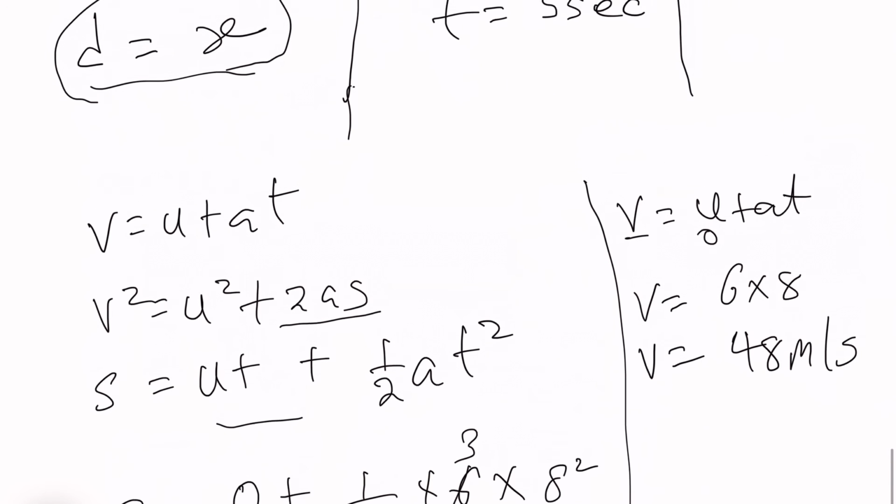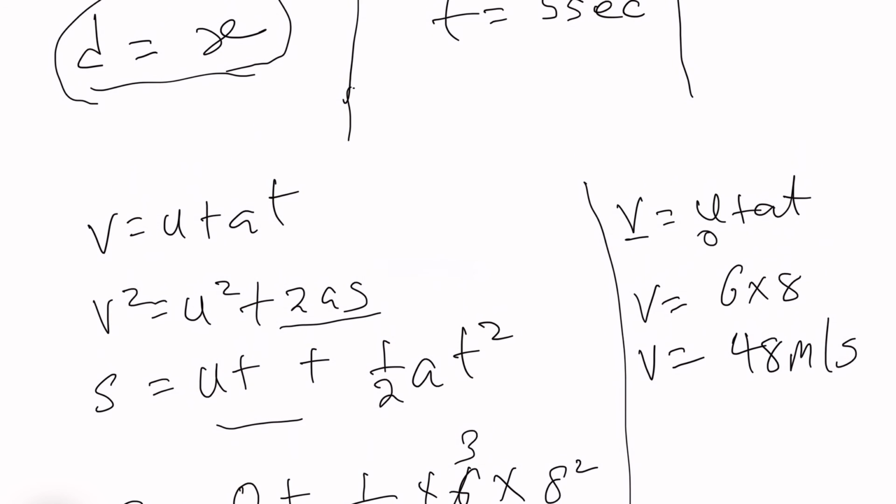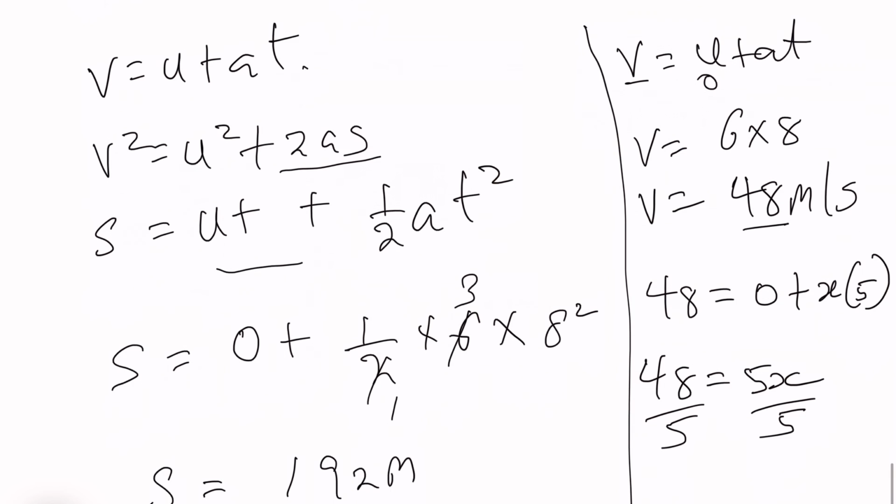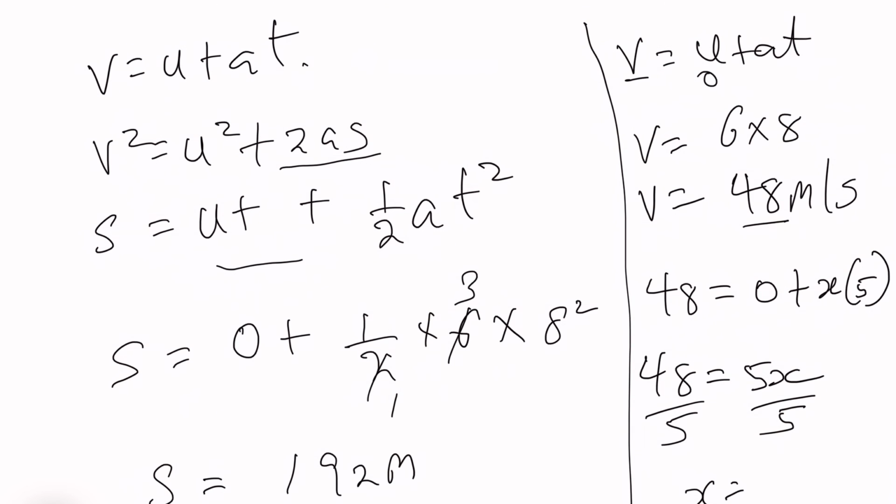Now we can just input this value back here. So final velocity is 48, u is still 0. Now we are getting this deceleration, which is also acceleration, x, into time taken, which is 5, right? So that will be 48 equals 5x. Divide both sides by 5. So x equals 48 divided by 5. So that's 9.6 meters per second squared.